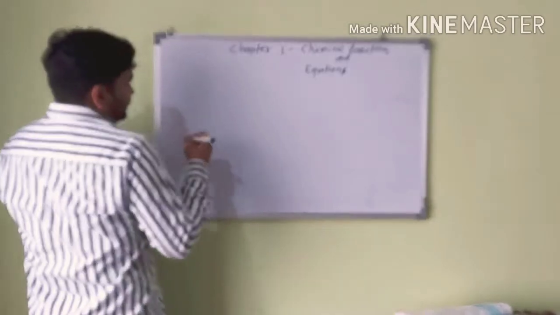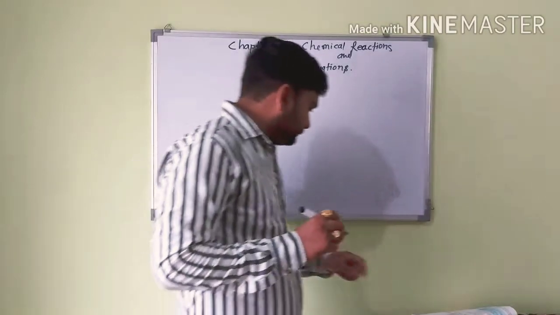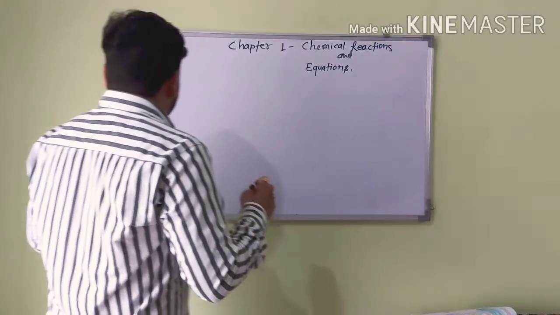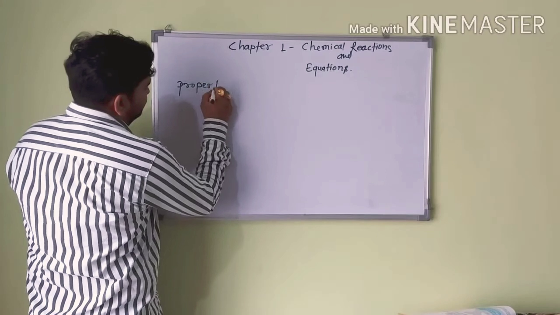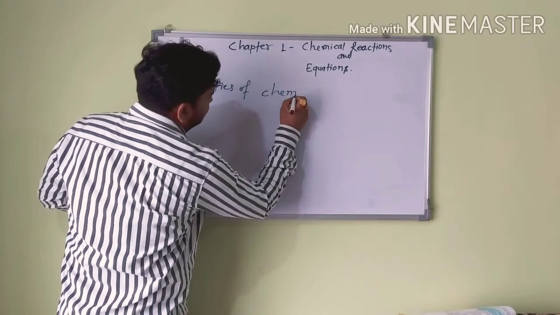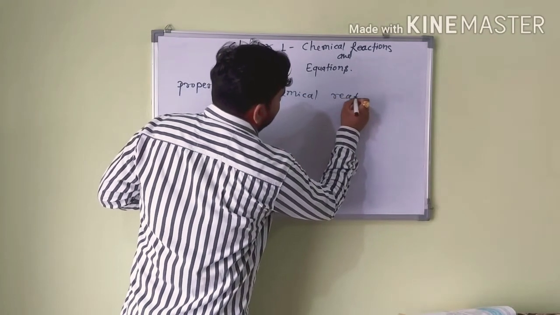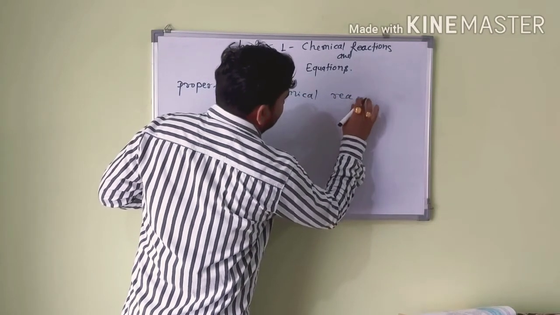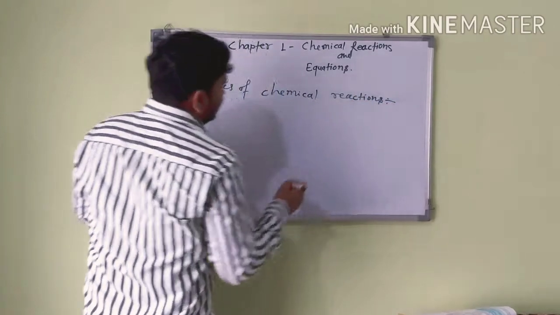First, we can discuss the properties of chemical reactions. There are four properties of chemical reactions.